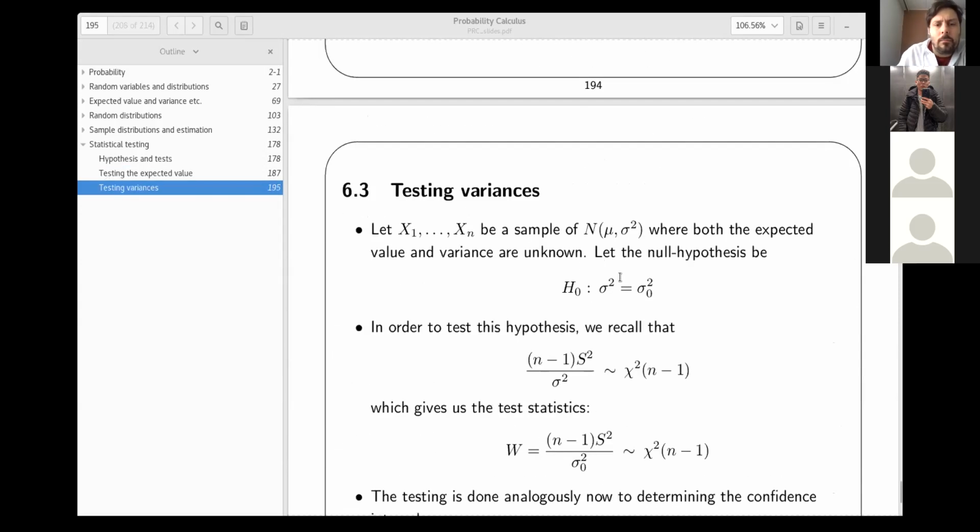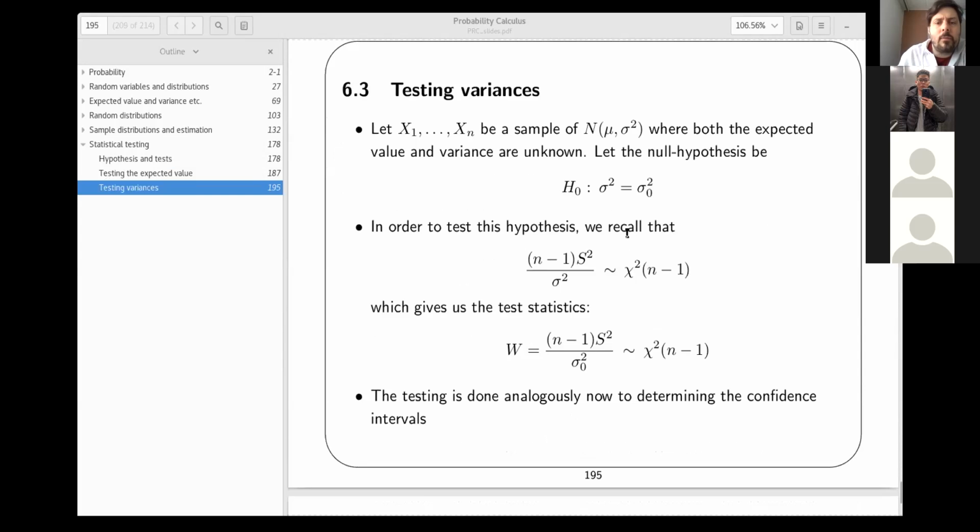All right, let's go. The other thing that we can test is a hypothesis regarding variance. So now if we have a sample where we know neither the expected value nor the variance, and the null hypothesis is that we have a certain variance that somehow we've established.